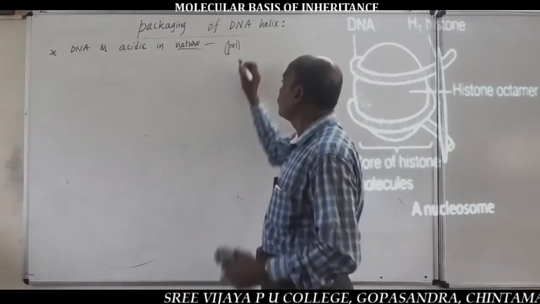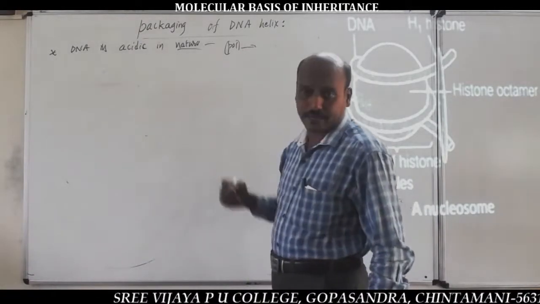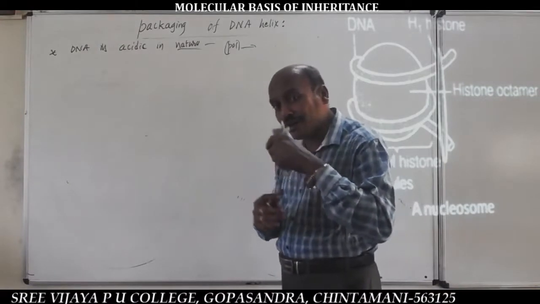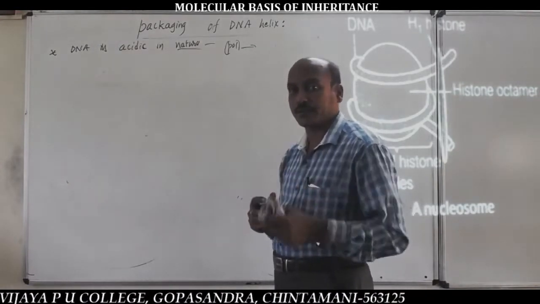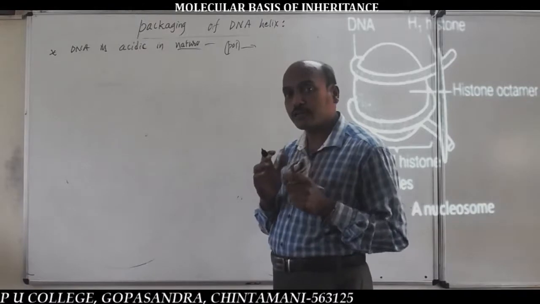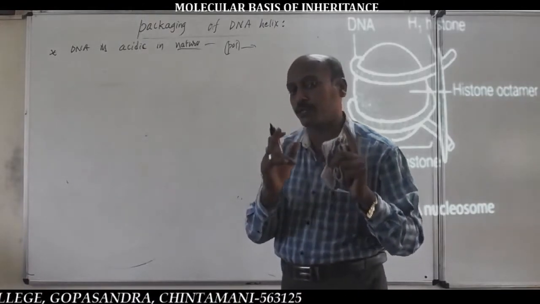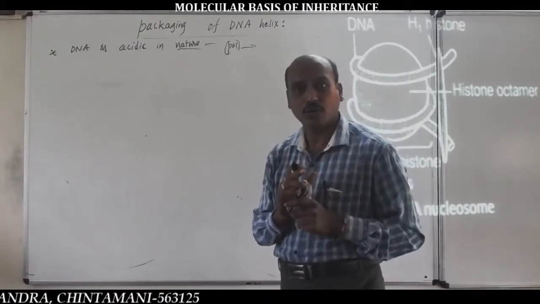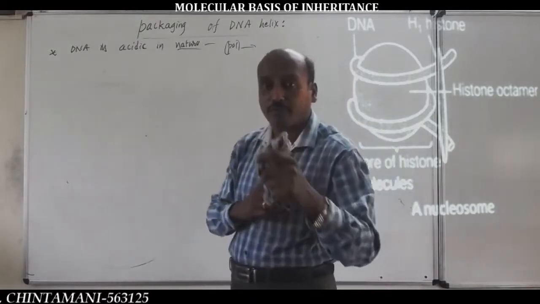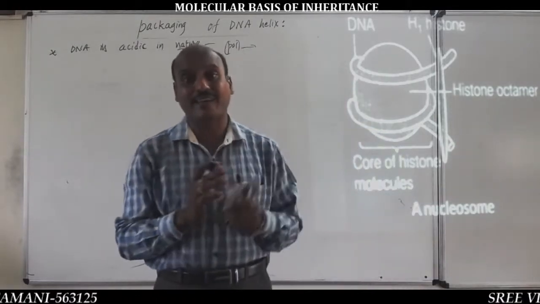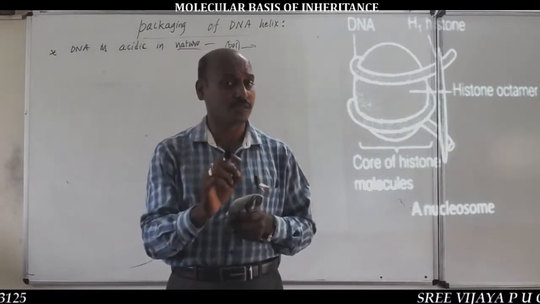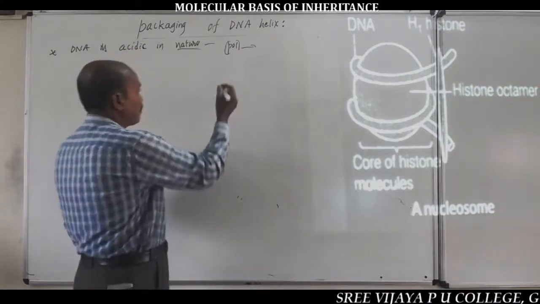So this acidic DNA gets coiled, compact, associated with the basic proteins. Very, very important: the compaction of acidic DNA takes place with the help of basic proteins.